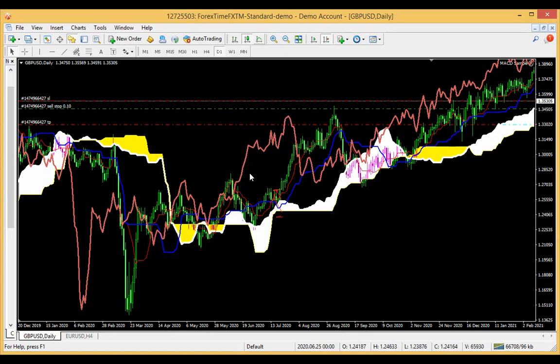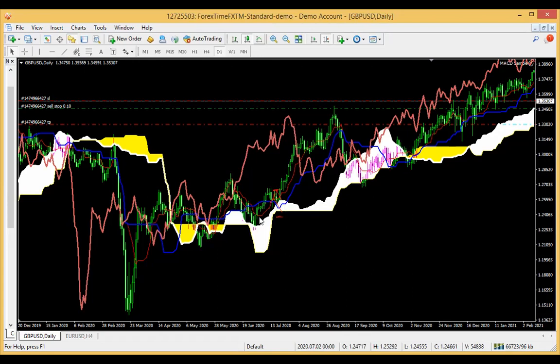So every line has its name. This particular one, the slow one, is called Kijun-sen, while this Tenkan-sen is the fast moving average.